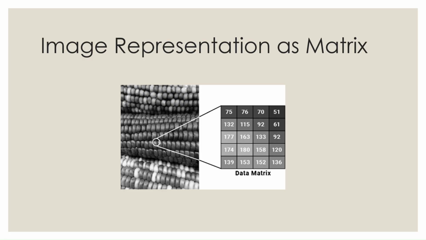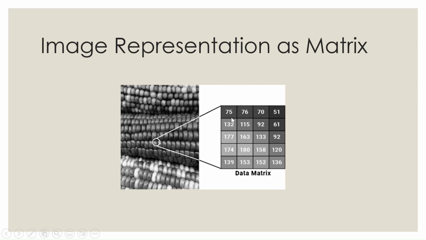So before going into the relationship between the pixels, first we will understand how an image is represented as a matrix. So in this picture we could see a part of this grayscale image has been represented as a matrix.